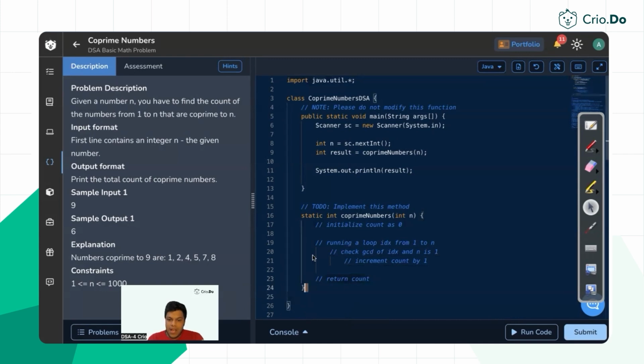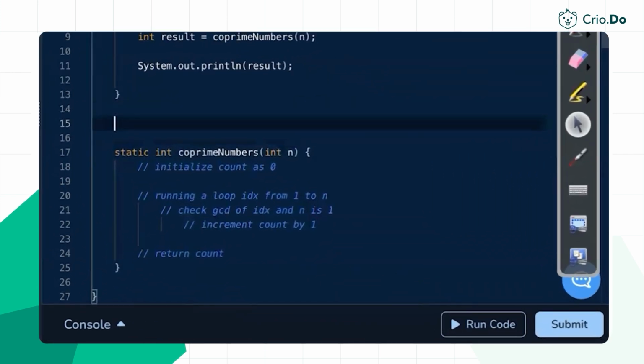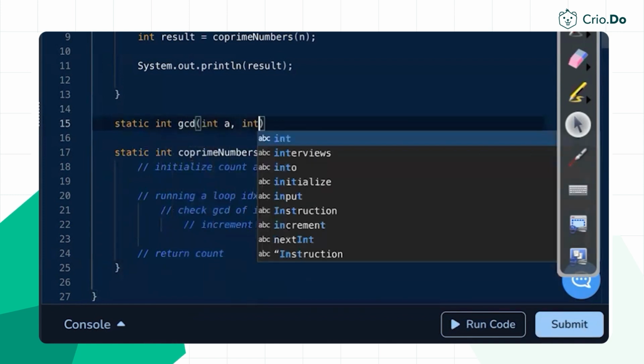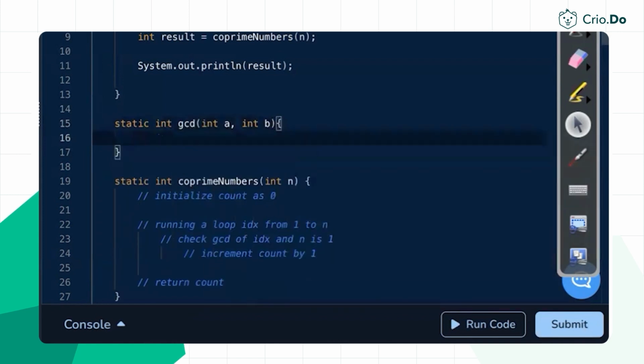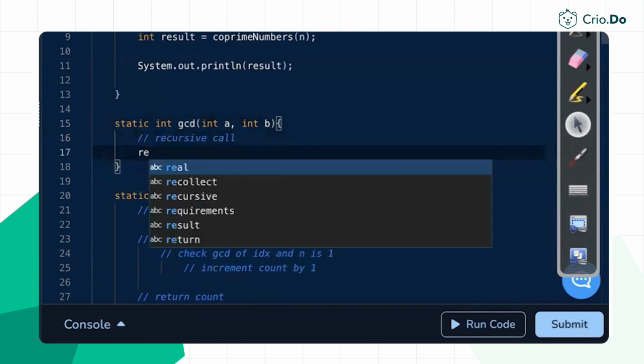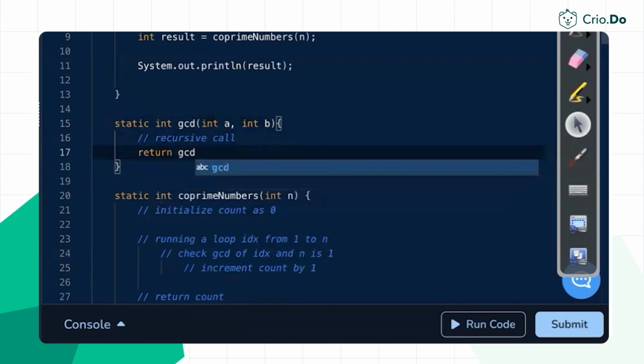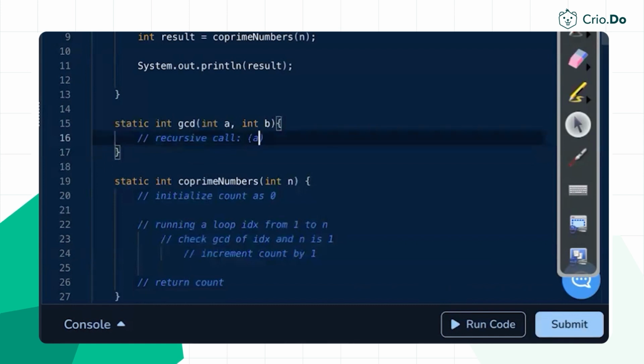But the point is, how will we find the GCD? For that, we will create a recursive function which takes the two numbers for which we want to find the GCD. The recursive call will be that the pair A comma B has the same GCD as the pair B comma A modulus B. So make a recursive call.